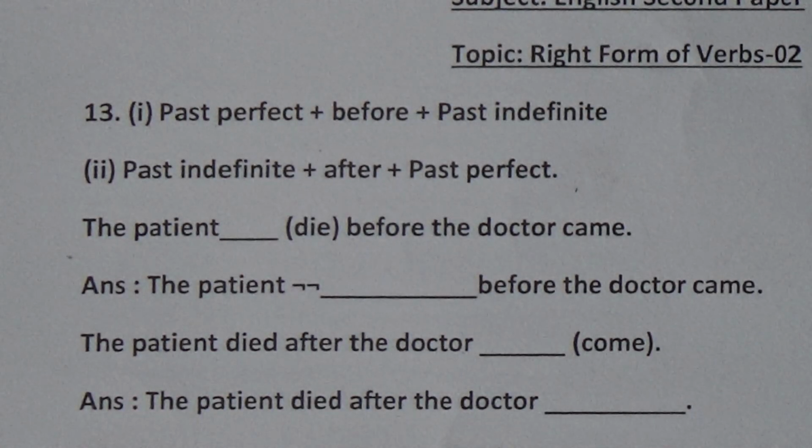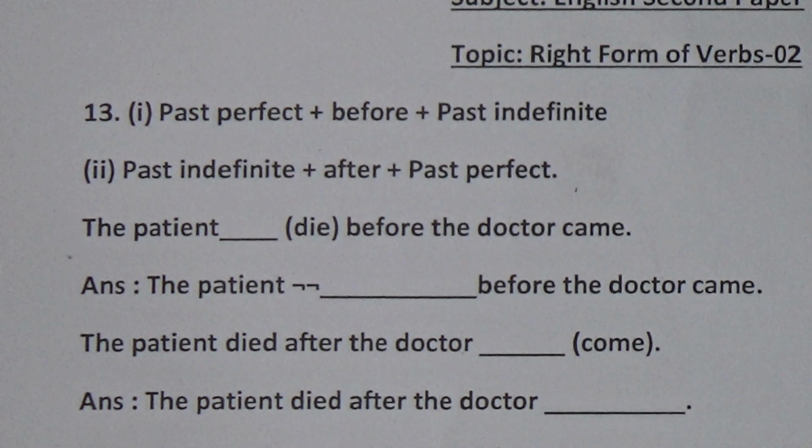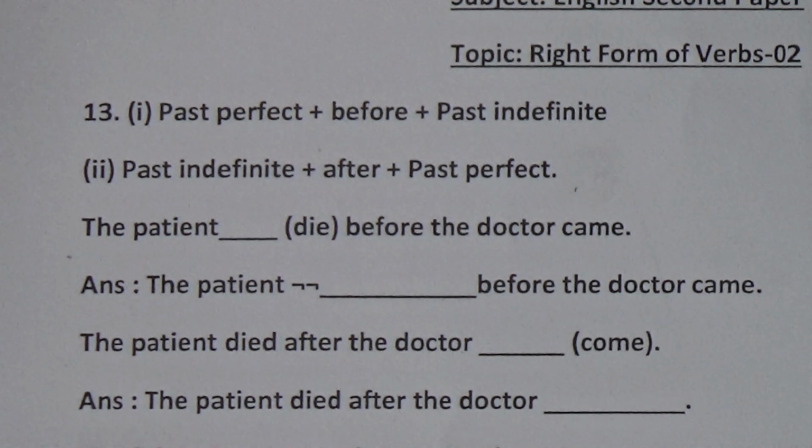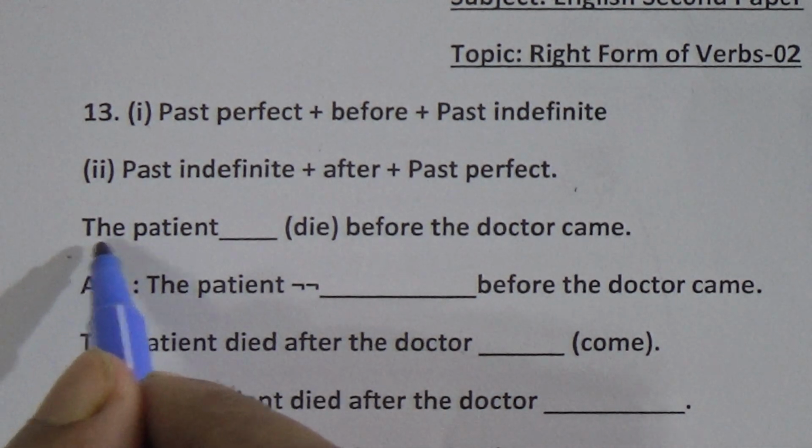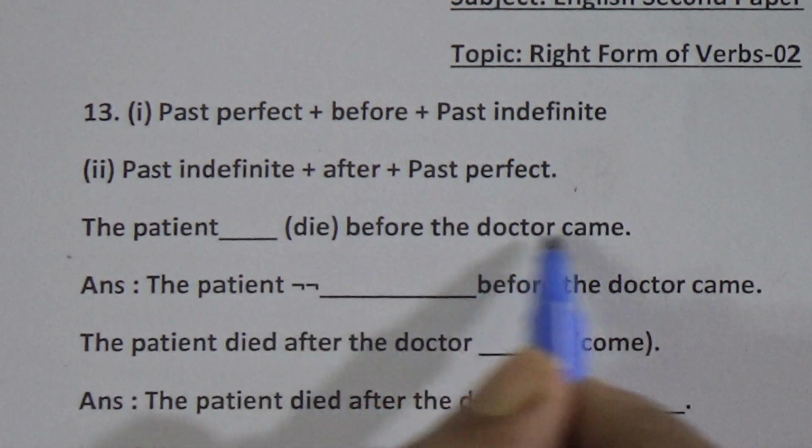That means if you find past perfect in the first portion of a complex sentence, then we will put past indefinite in the second part, and if you find past indefinite in the first part and then after, you will write past perfect in the second part. For example, the example number 1, the patient died before the doctor came.